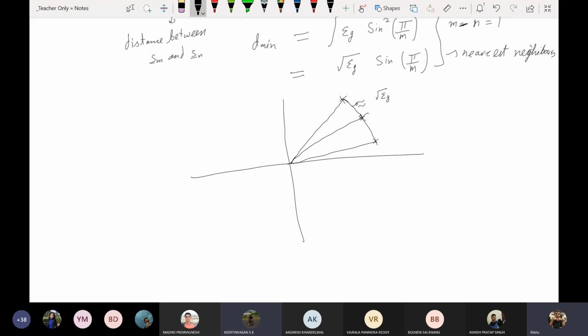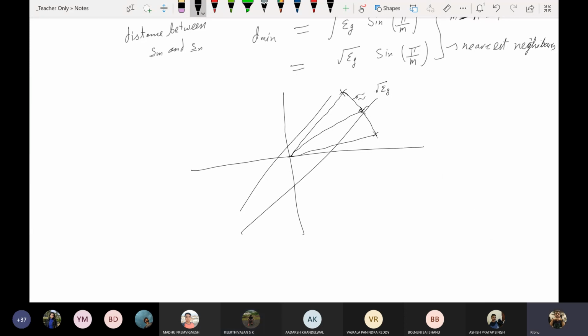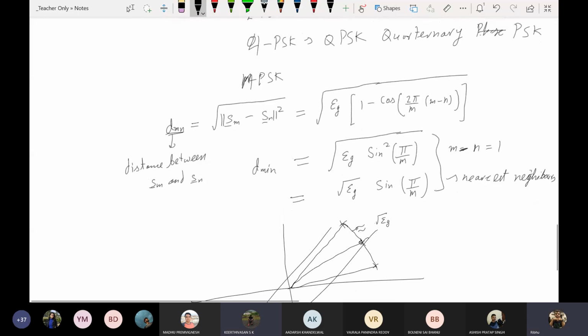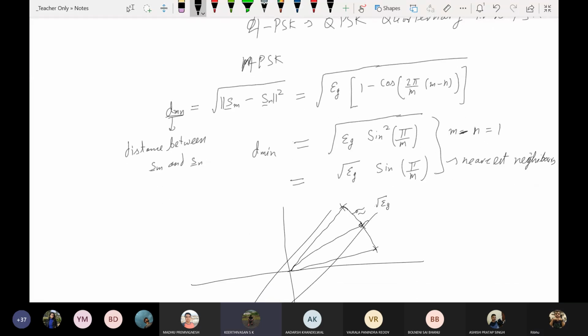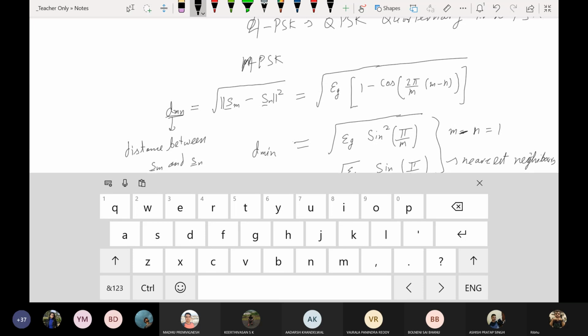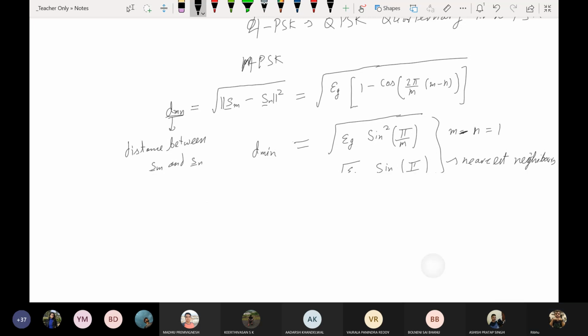Excuse me, sir, I think root of 2 EG should be there, right? Okay, so let's do this the long way. See, because 1 minus cos theta is equal to 2 sin square theta, I guess. Yes, okay, that is 2 sine square theta. Yeah, there should be a 2. There should be a 2, you are right.